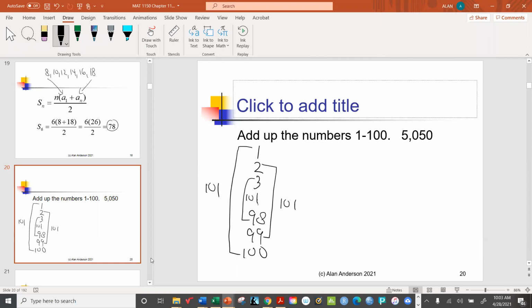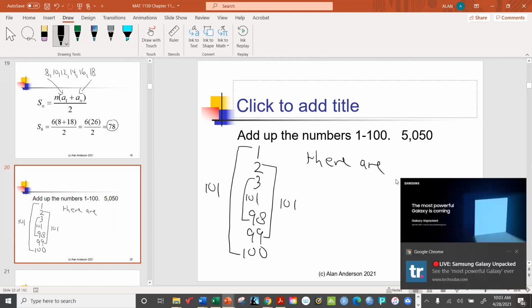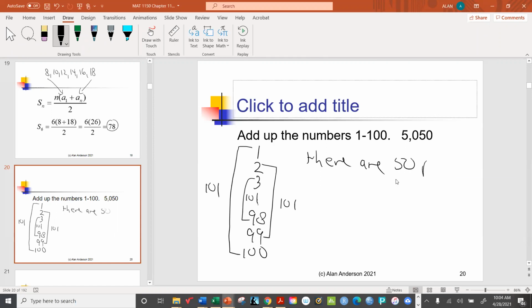So by lining up the numbers like this and adding up the pairs, there are 50 pairs of numbers, each with a sum of 101.